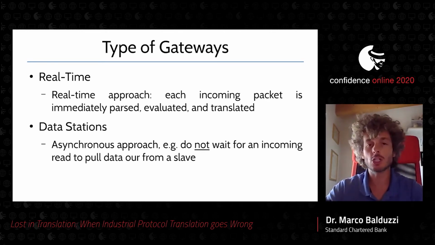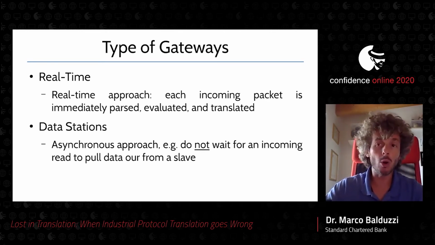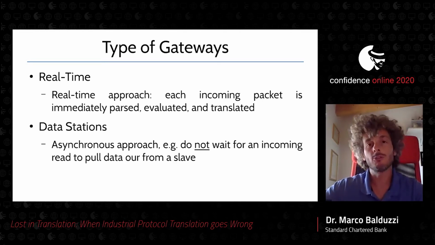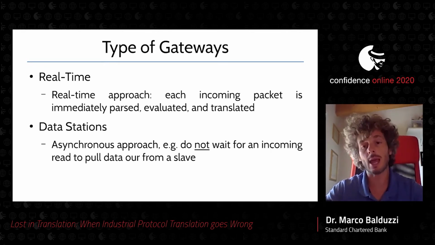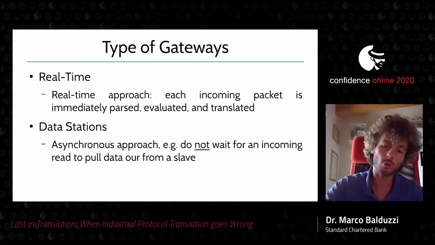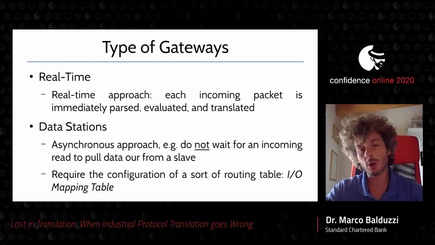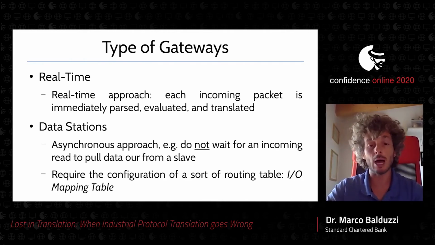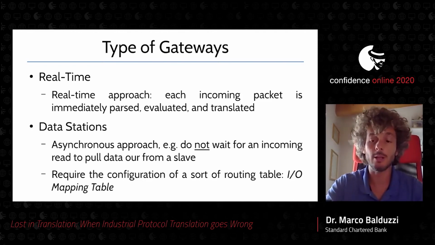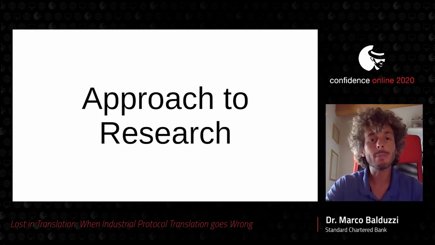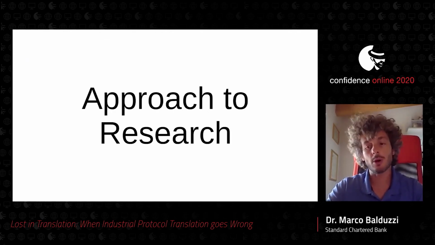The data station regularly polls a slave like a PLC for updated values, keeps a local cache, and then when a request comes from a master, it responds to the master. Of course, this more complex configuration requires what is called an input-output mapping table, and it's something we will see later in the presentation. So let's see how we approached our research.